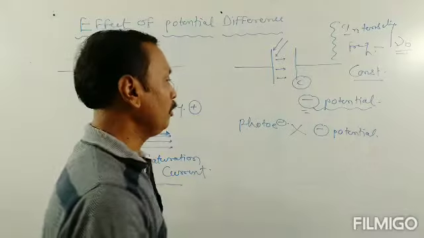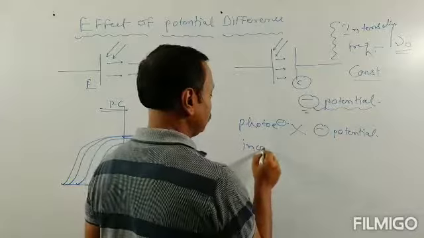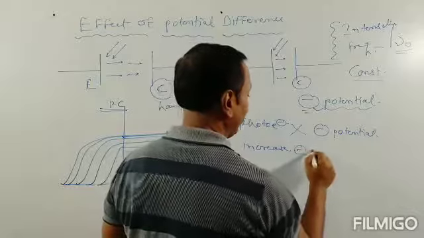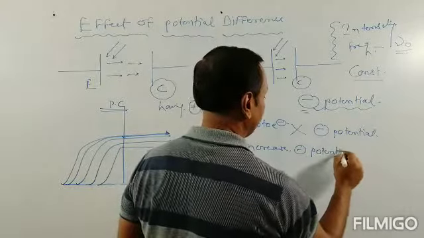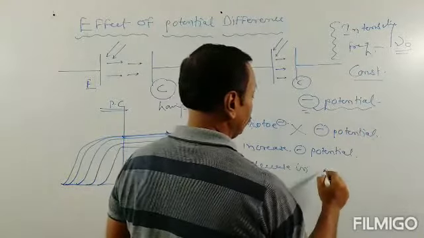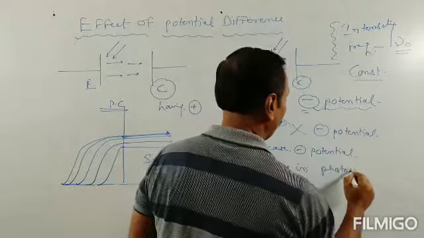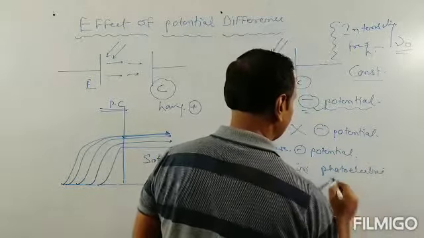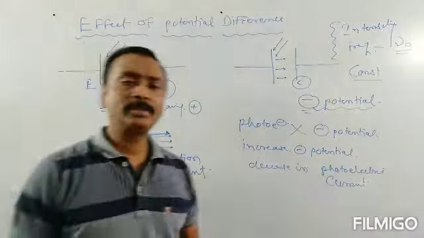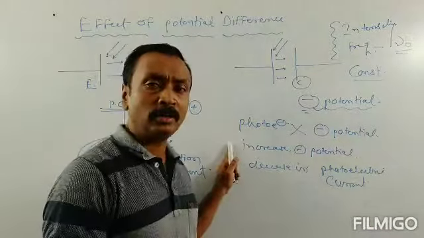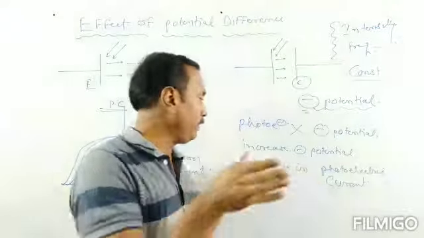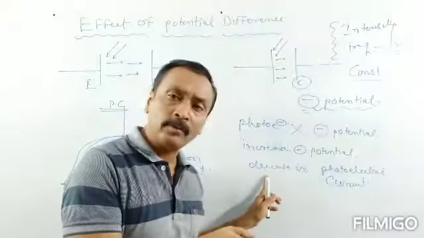Then, if I increase the negative potential, there is a decrease in the photoelectric current. Step by step, if I increase the potential, there is a decrease in the photoelectric current.